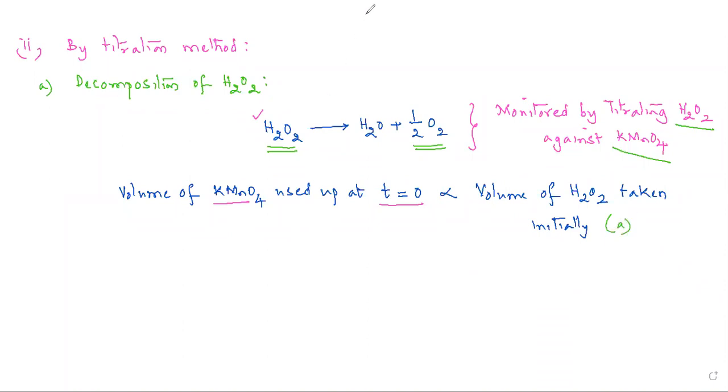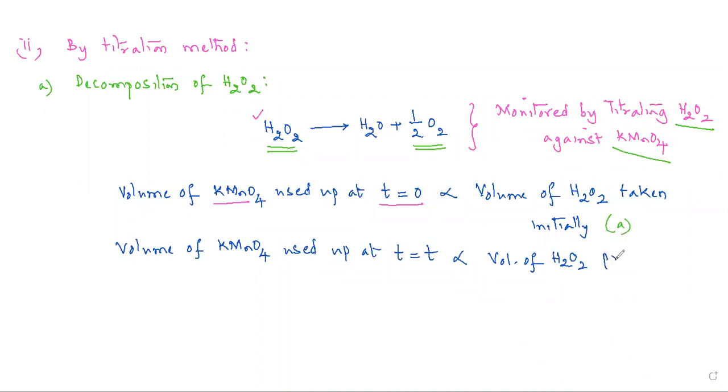Simple. Similarly, if you go for a titration again after some time, the volume of KMnO4 used up at a time t is equal to t will give you the volume of hydrogen peroxide present at a time t, isn't it?